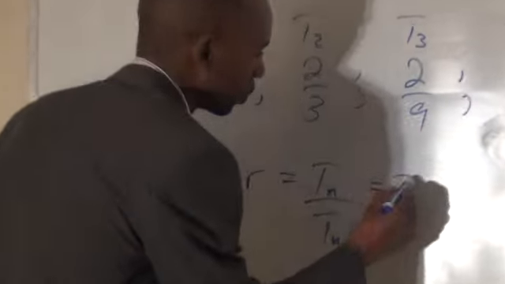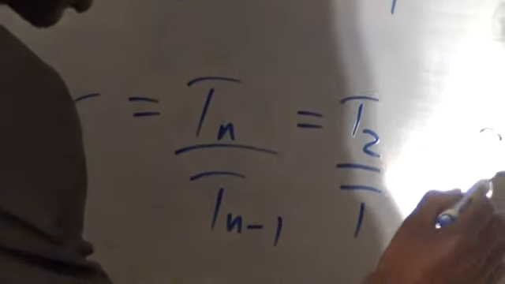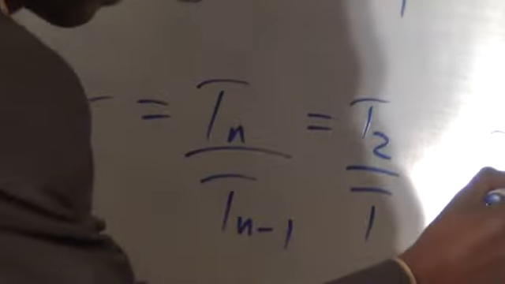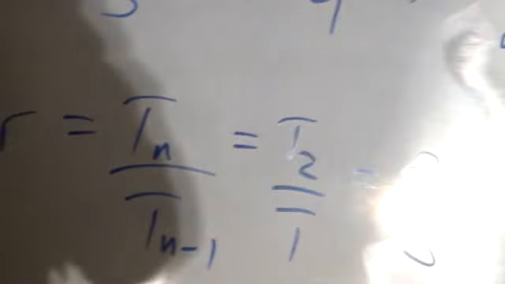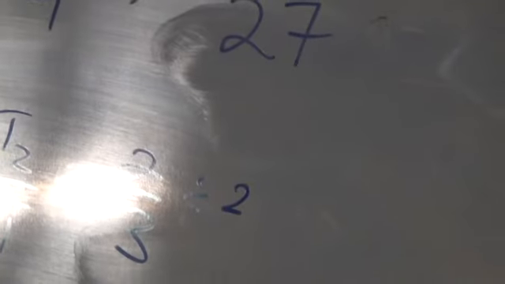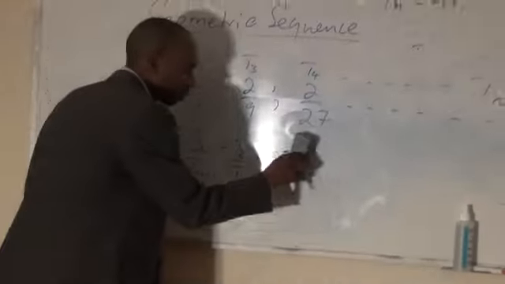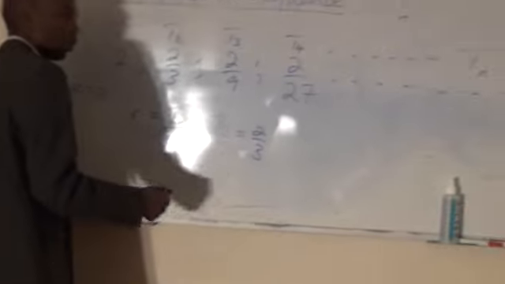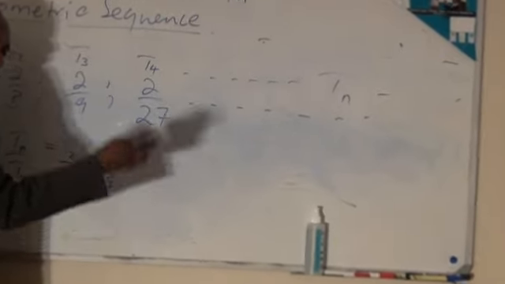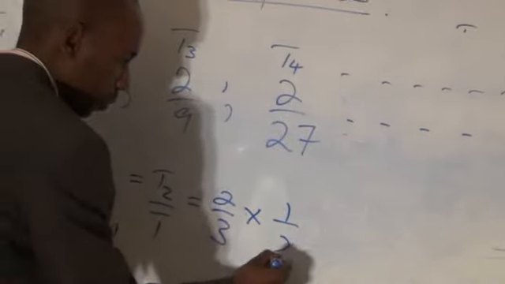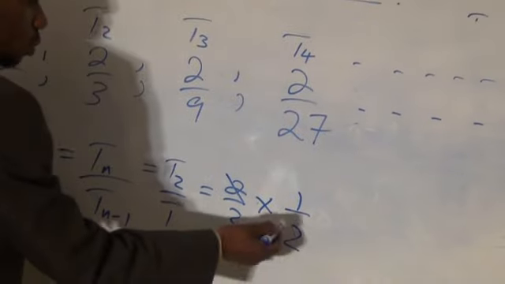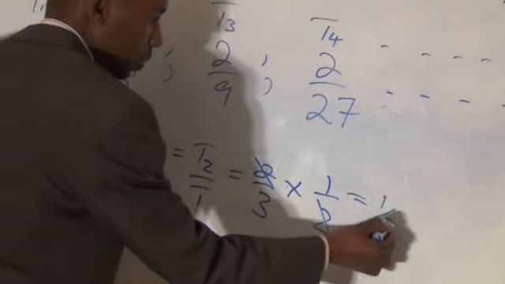So T2 divided by T1, this is the same as 2 over 3 divided by 2, which is the same as, you know how to divide numbers, 2 over 3 multiplied by, invert, 1 over 2. So that is 1/3.